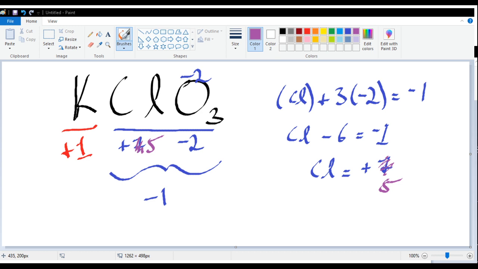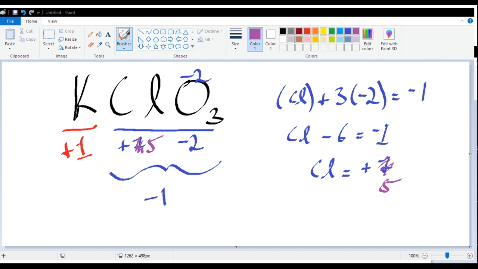Okay. So, in any event, that is how you calculate the set of oxidation numbers. Okay? You just have to make sure they all add up to the right numbers. You can do it for a neutral compound like this, or you can do it for a polyatomic ion by itself.